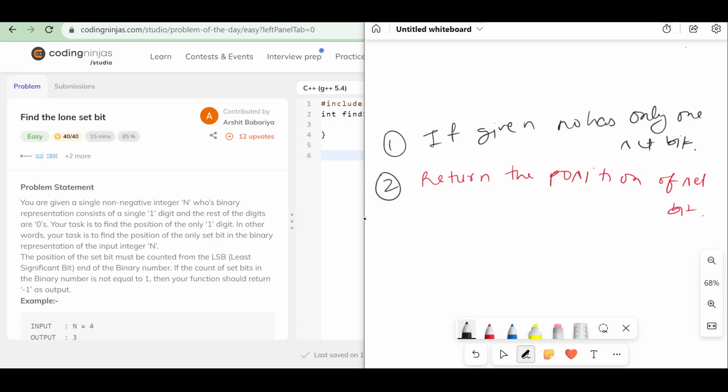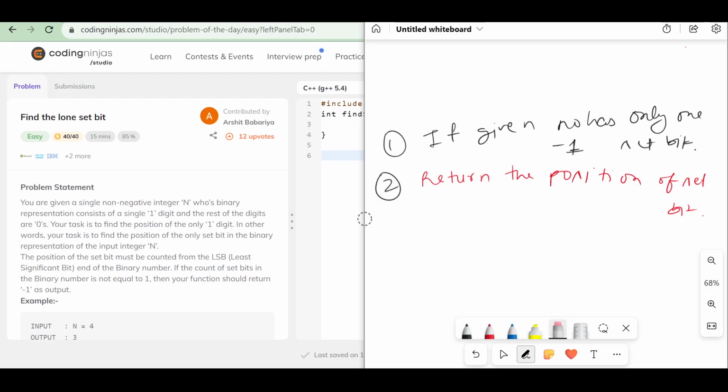This first point we will check if the given number has only one set bit or not, because if it is having more set bits than one, then we don't have to find the position of the set bit, we will simply return -1 in this case. So we'll first check if it has only one set bit or not. Then if it has only one set bit, we'll try to find out its position.